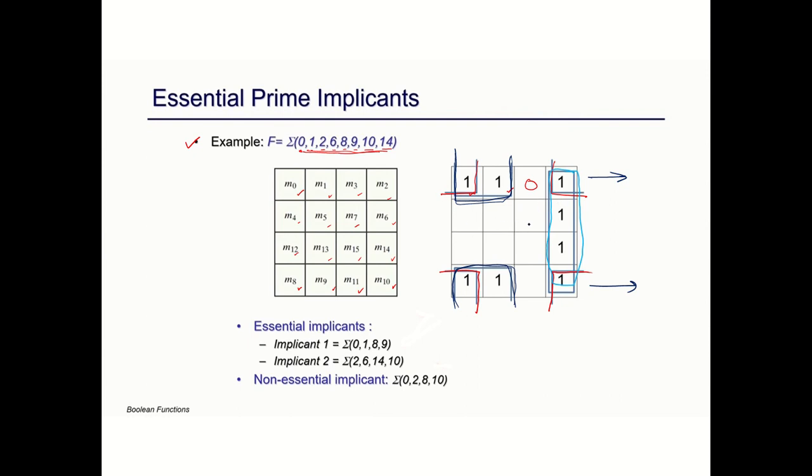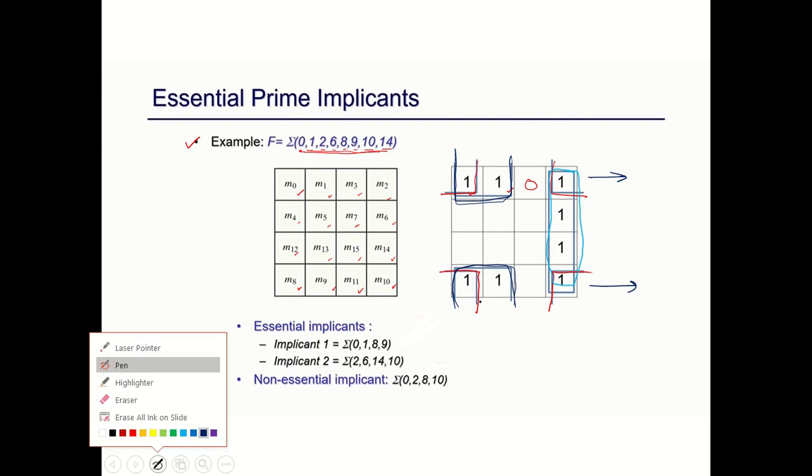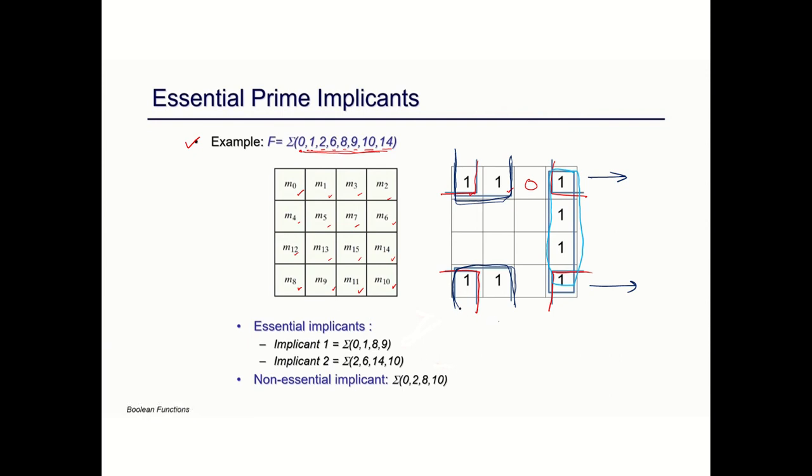But whether we have utilized the minimum number of covers to group all the onset, that is the main question here.